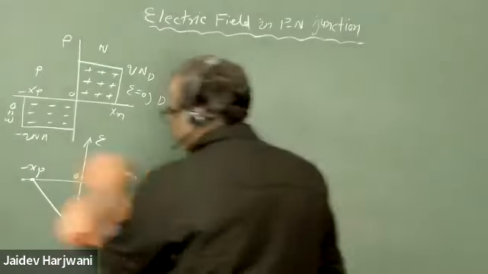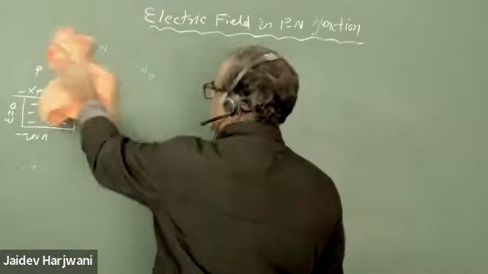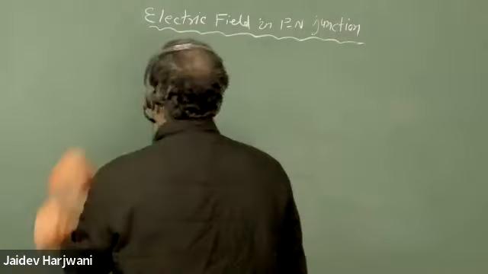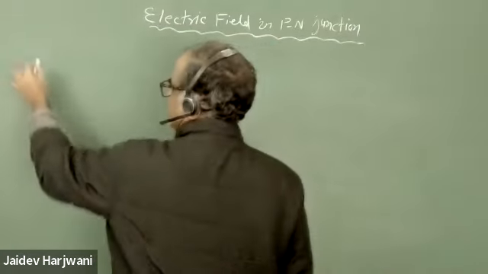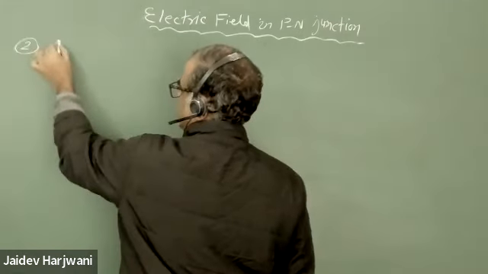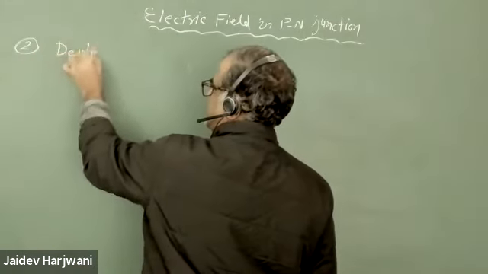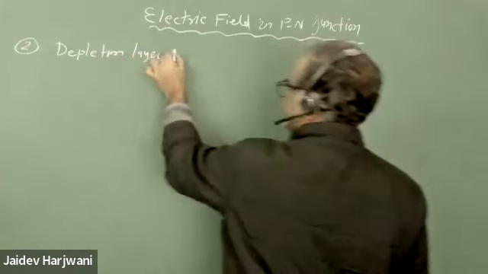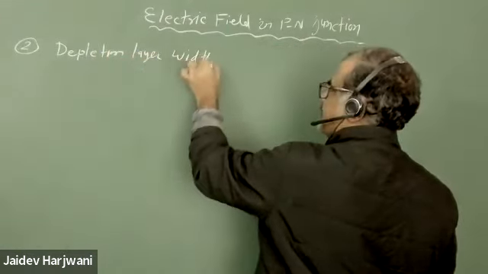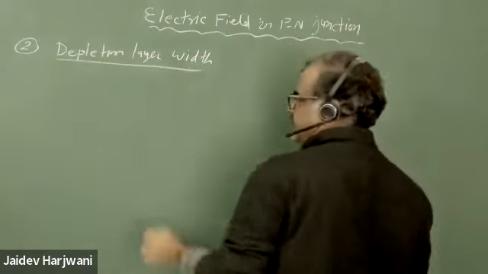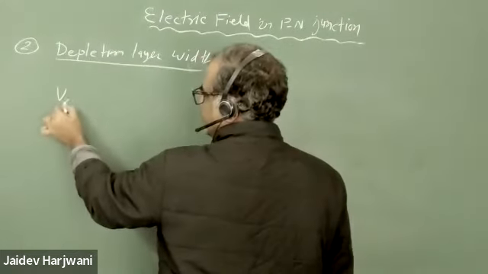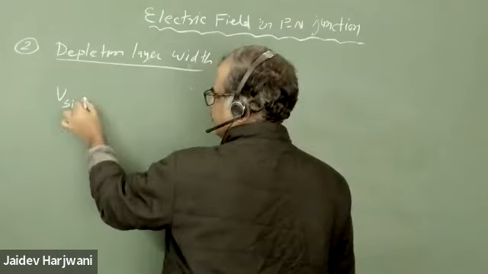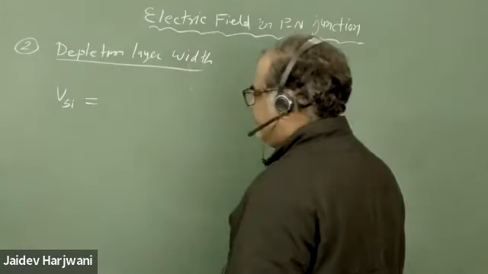Now you have the electric field, and I want to calculate the depletion layer width. So the next heading is depletion layer width. Once I know the electric field, I can calculate the built-in potential as a function of depletion layer width.